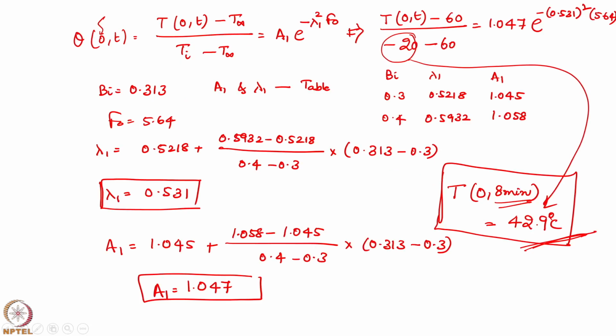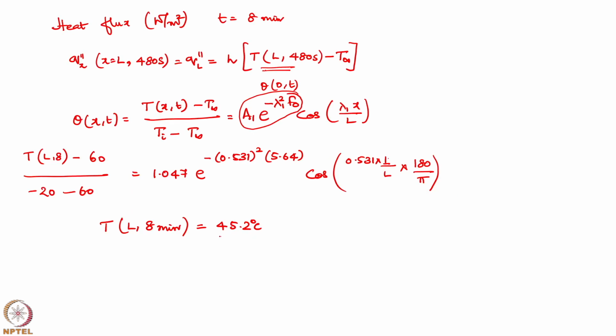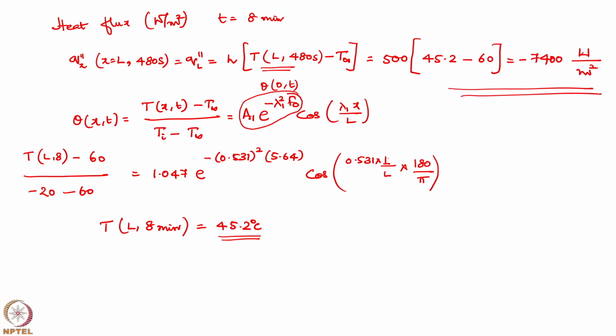The previous temperature at the center was 42.9, and at the wall it is 45.2, which is expected because the hotness of the oil is felt at the wall first, so it will be at the higher temperature. Now coming back, if I substitute this here, that is h is 500 into 45.2 minus 60, that is equal to minus 7400 watt per meter squared. This is what I get as the heat transfer rate.